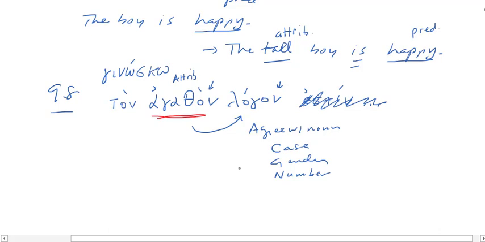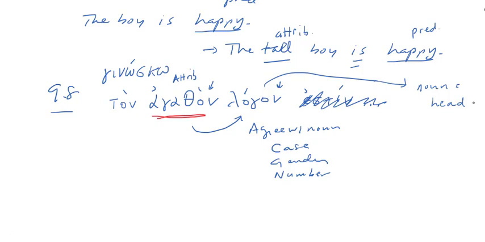What is going to determine the case, gender, number of the article? The noun's case, number and gender. And likewise, what's going to determine the case, gender, number of your attributive adjective? The noun. And that is why the noun is often referred to as the head. So the noun that's being modified is referred to as the head. What's a head do? Head leads, right? Everything else is an extension of the head, the big head, right? But the fact of the matter is, the head determines so much.